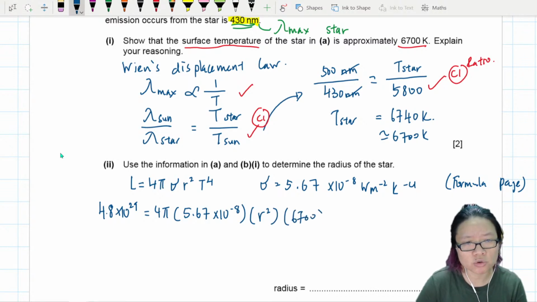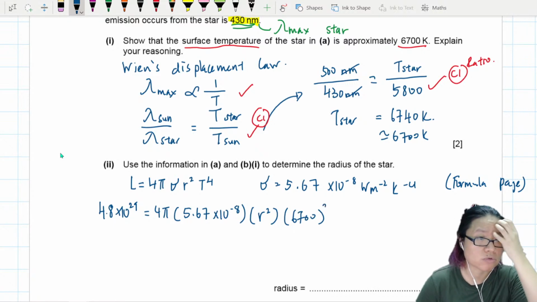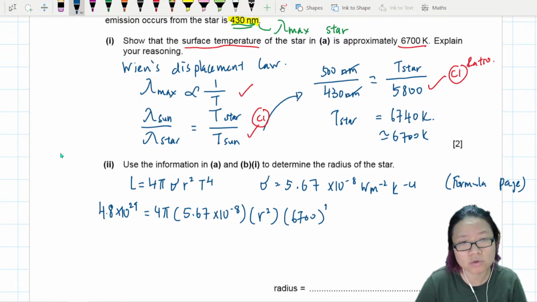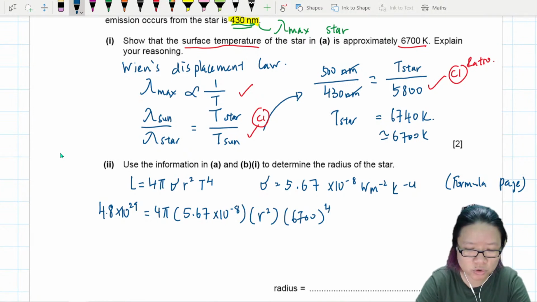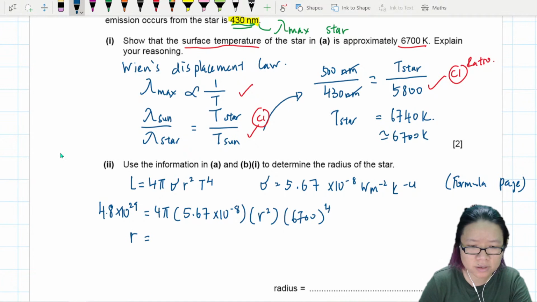It's up to you whether you want to use 6700 or 6740. I will use 6700. As long as you show your substitution, you'll be fine. 4 pi, 5.67 times 10 to the negative 8, 6700 to the power 4, square root the answer. All right, I got my R as 1.828, so 1.83 times 10 to the power of 10.